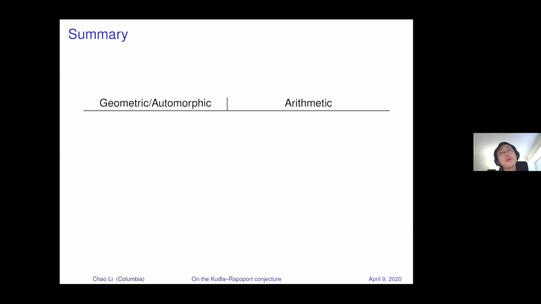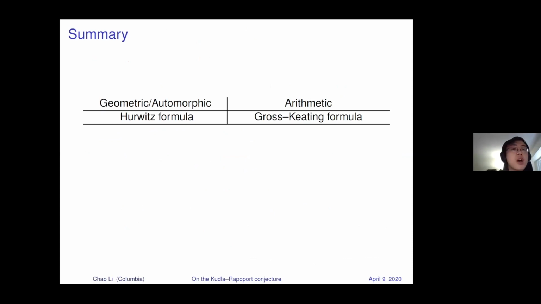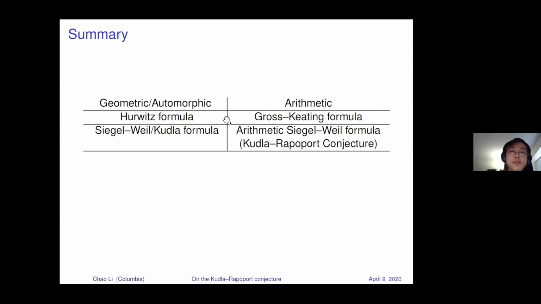All right, so here's a summary of what has happened. I explained the classical formula of Hurwitz and its arithmetic generalization, the Gross-Keating formula. Those two formulas have respective generalizations in higher dimension. For the Hurwitz formula, there's Kudla's formula in terms of geometric intersection numbers, which is a geometric realization of the automorphic formula of Siegel-Weil.